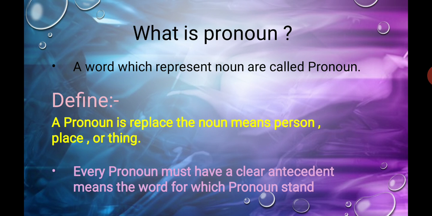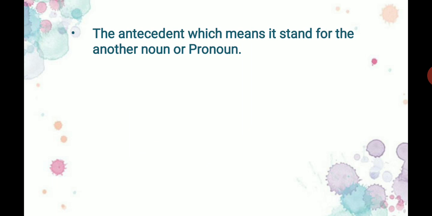Every pronoun must have a clear antecedent, meaning the word for which the pronoun stands. And now you have a question in your mind, what is an antecedent? It is a very difficult word to speak also, right? So let's see. The antecedent stands for another noun or pronoun.